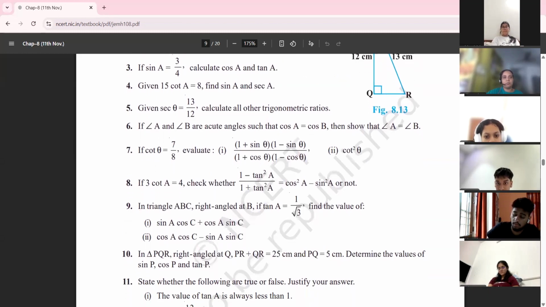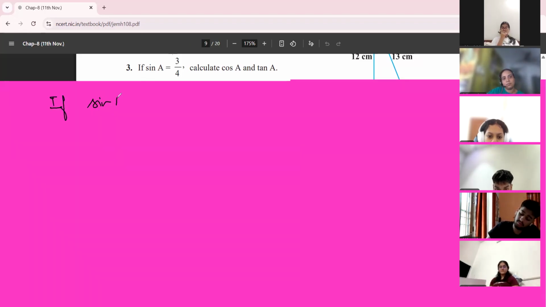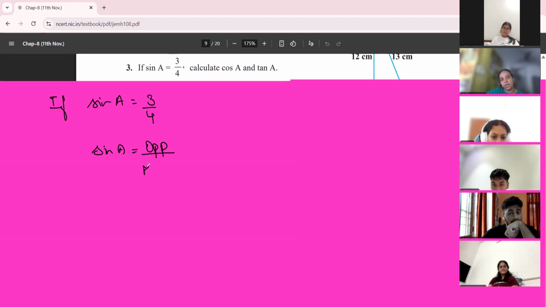This is question number 3 now. The value of sine A is given to us as 3 by 4. We need to find out cos A and tan A. We know sine A is opposite by hypotenuse.